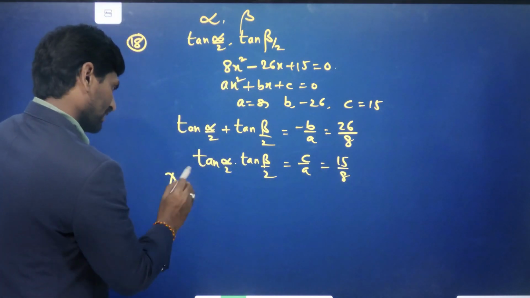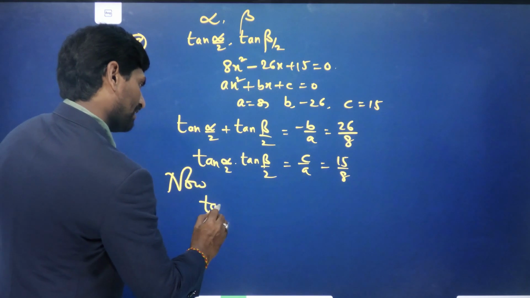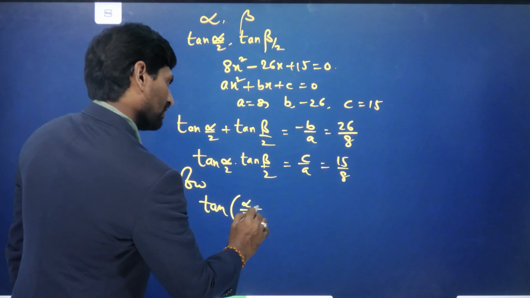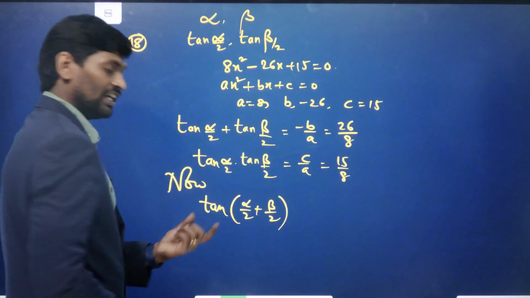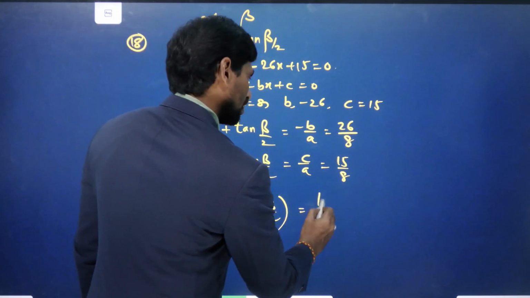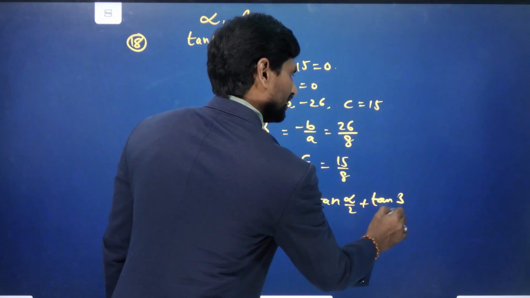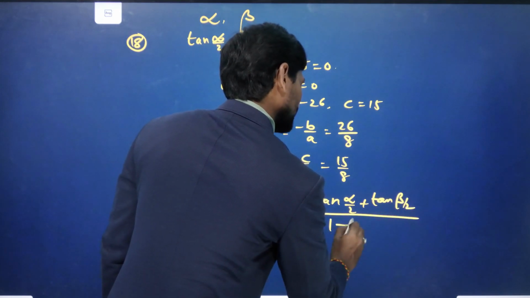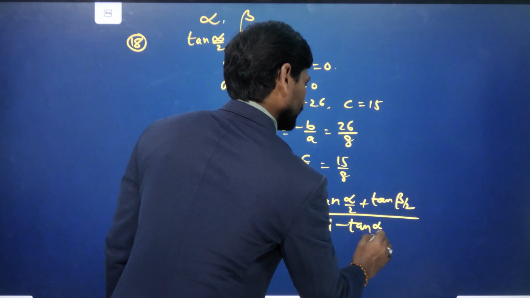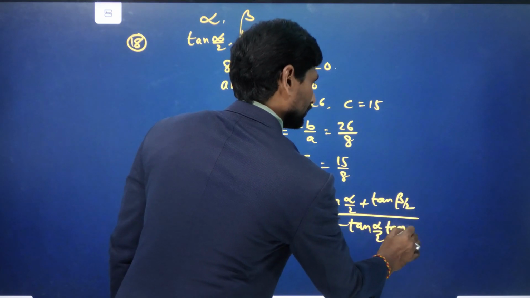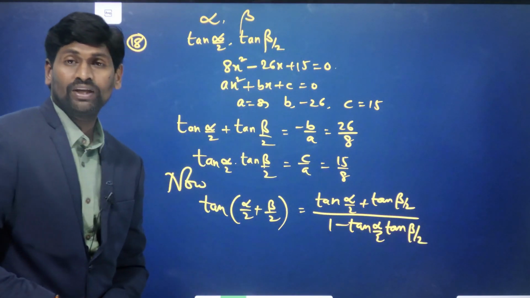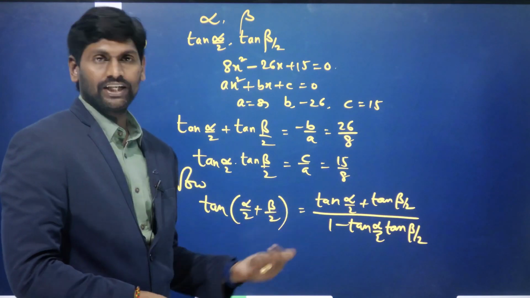Now I am taking the formula tan a plus b. Okay? Tan a plus b formula is tan a plus tan b by 1 minus tan a tan b. In the place of a and b, we are taking alpha by 2, beta by 2.